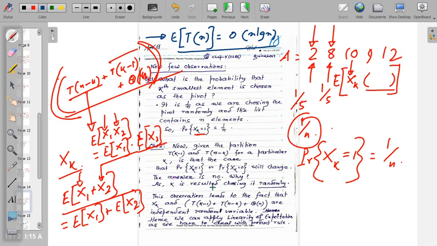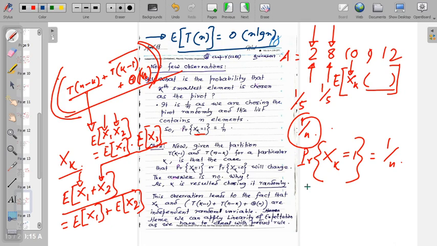And we have seen that whenever we are choosing, say, n elements are there and the kth smallest element is to be chosen, that means any one of these n elements could be chosen as the pivot. It is equally likely that anybody can be picked up as the pivot.